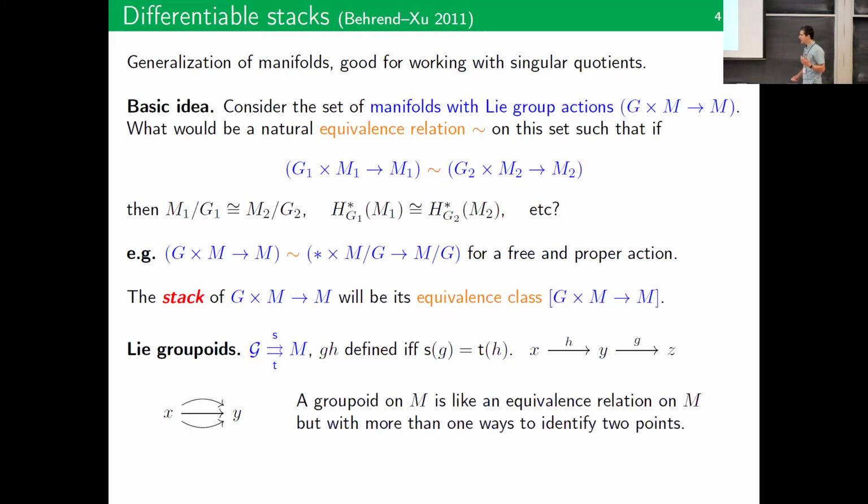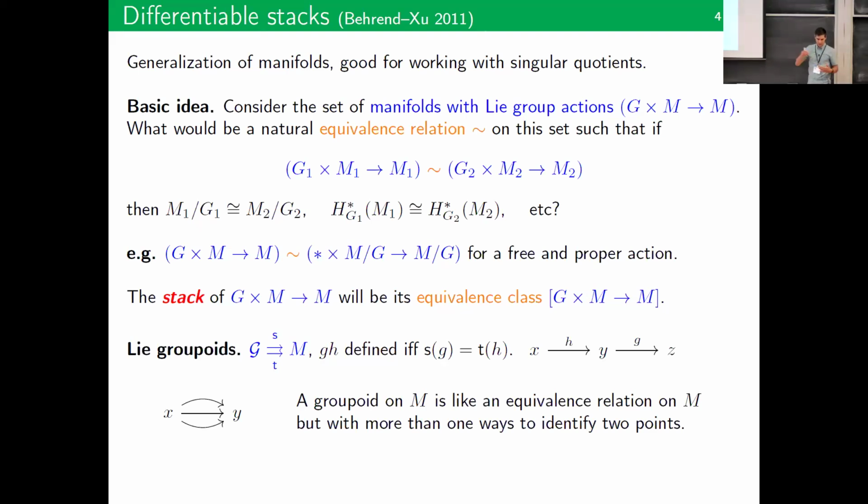And for stacks, it's particularly useful to think of them as a generalization of equivalence relations. So a Lie groupoid on M, you can think of it as an equivalence relation on M, but where there is more than one way to identify two points, and you want to keep track of all the possible ways. So you think of them as arrows, where an arrow is a way to identify points.